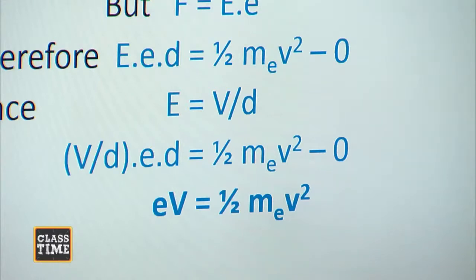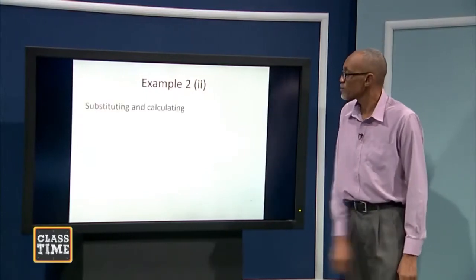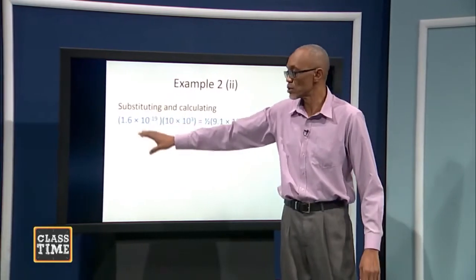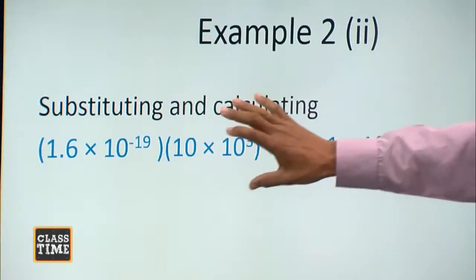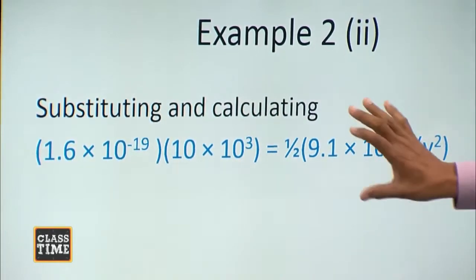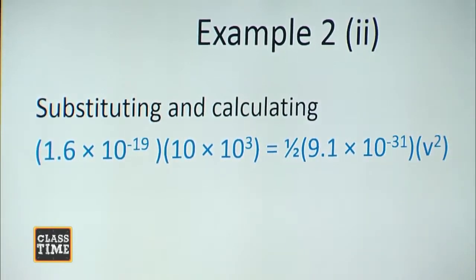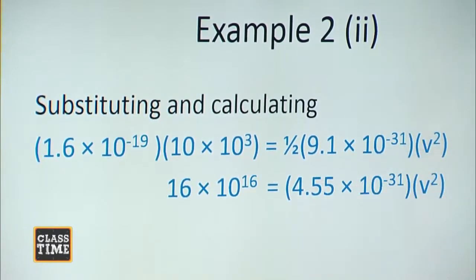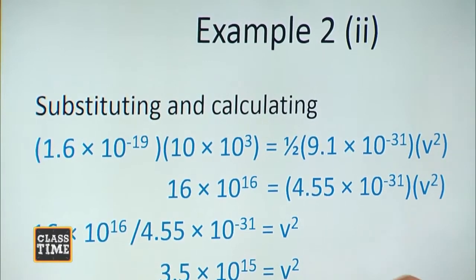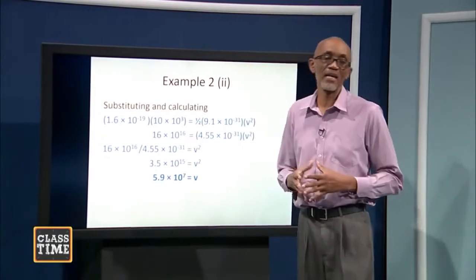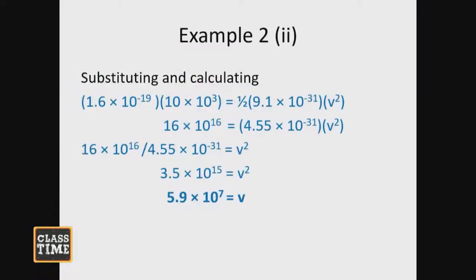e is the charge on the electron, V is the potential difference between the two plates, and m_e is the mass of an electron. All right, and so what we'll do is we substitute and calculate. We substitute the charge on an electron. This is the potential difference, 10 kilovolts, 10 by 10 to the 3. And this is the mass of an electron, and v is what we want to find. We do the rearrangement, and then when we calculate, we get that v is 5.9 by 10 to the 7 meters per second.